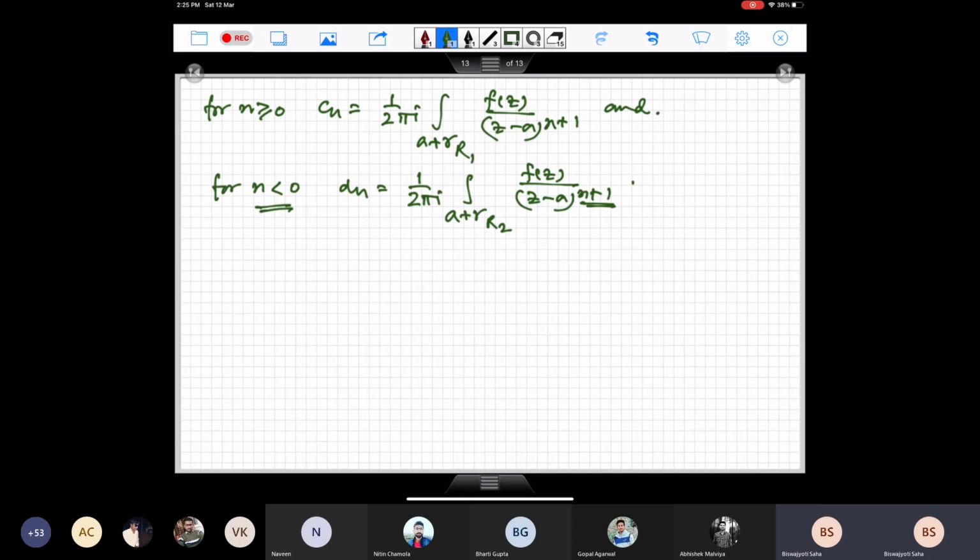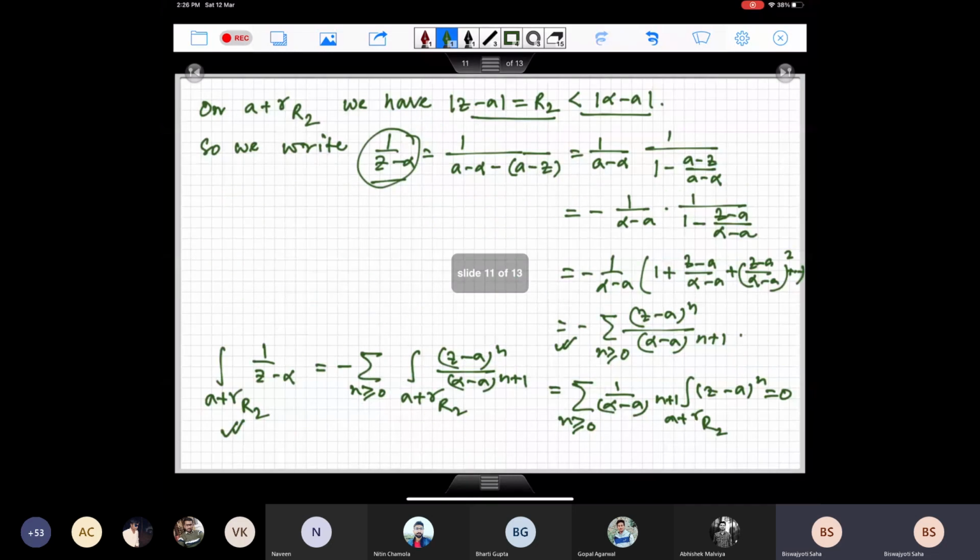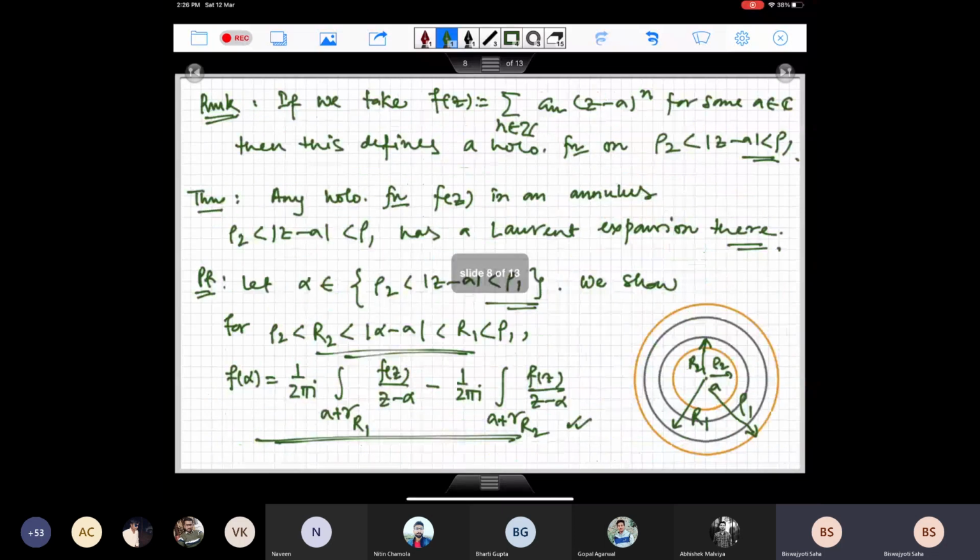So now this shows that any function which is holomorphic in an annulus will have a Laurent expansion. So what did the theorem say?